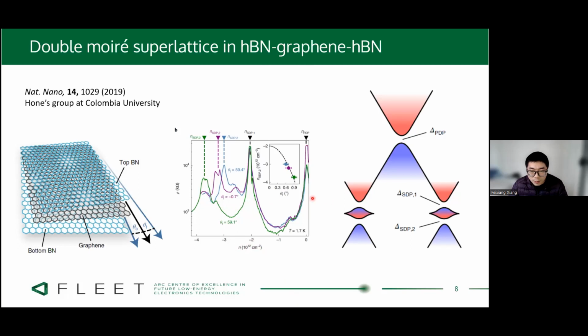So they propose if these two gaps are very close to each other, there's a possibility that this isolated band is very narrow and can promote correlated states and other new quantum phenomena.